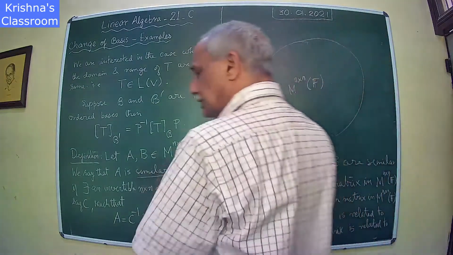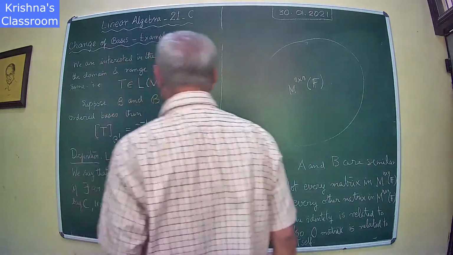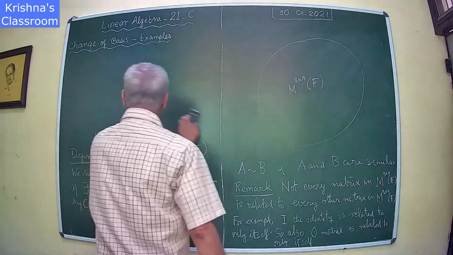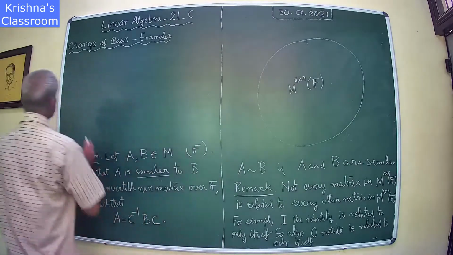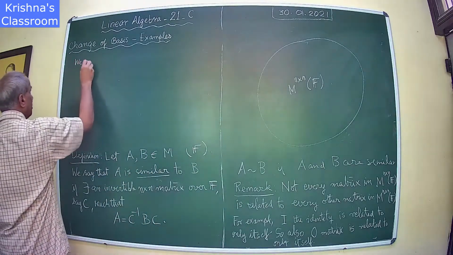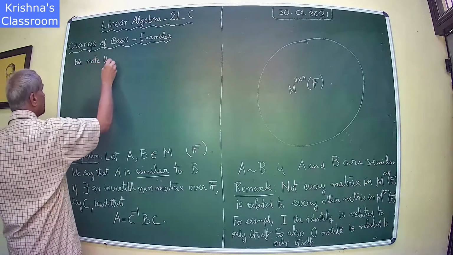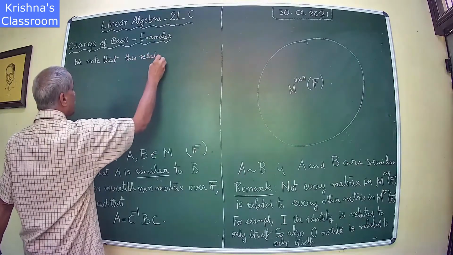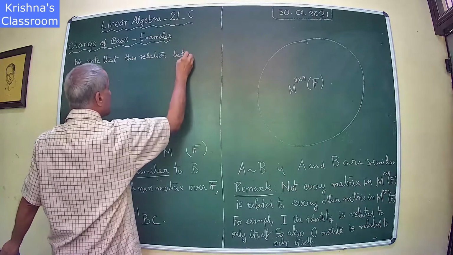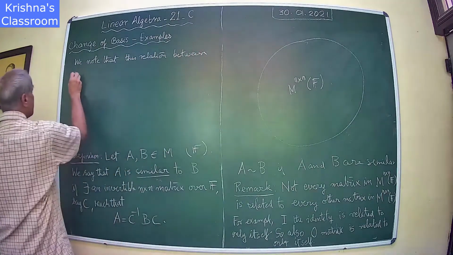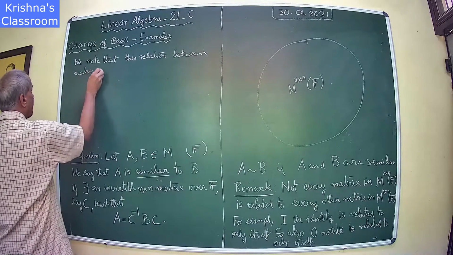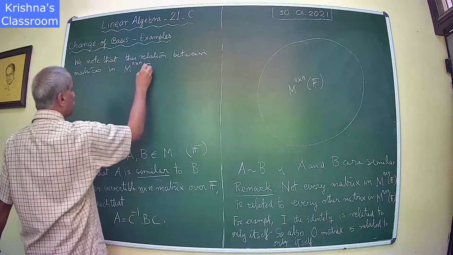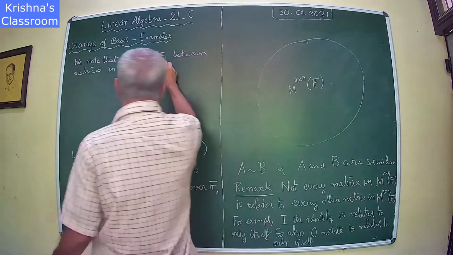Now, what kind of relation is it? This is what we ask. We note that this relation between matrices is an equivalence relation.